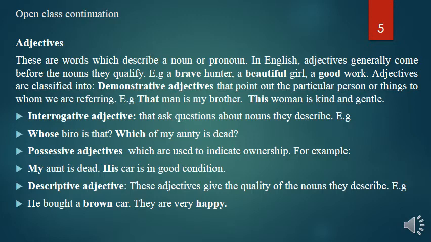It is pointing at the man, that is, this man is something that is very close to you. As in the example in this slide, this man is my brother. That is a demonstrative adjective that is telling more about the man. This is for something that is very close and that is for something that is far.